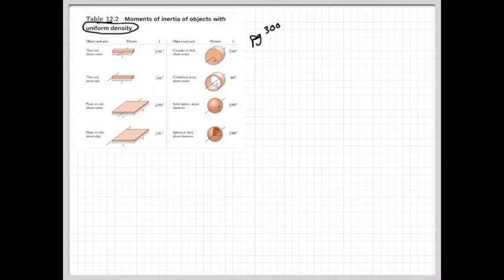It might talk about a solid disc that's rotating, so we're talking in this one, it could be a stick rotating about its center. It could also be a stick rotating about its end. It could be a door on a hinge. I mean, it'll give you different objects in the problems. You'll have to know where to go on this page to figure out the moment of inertias.